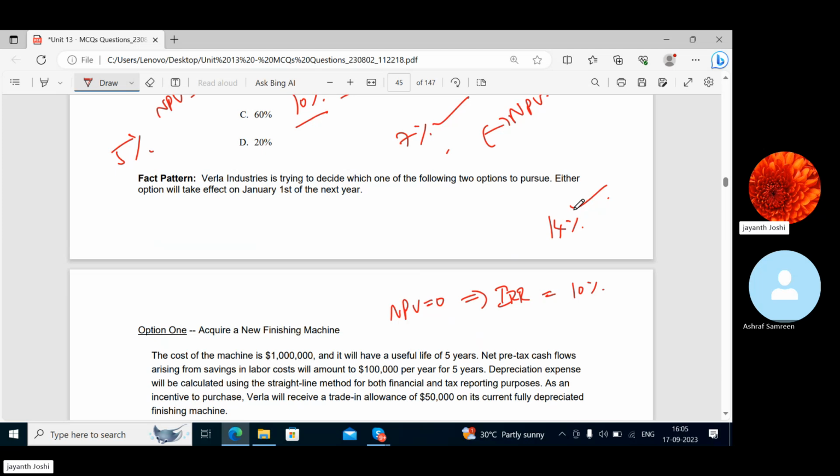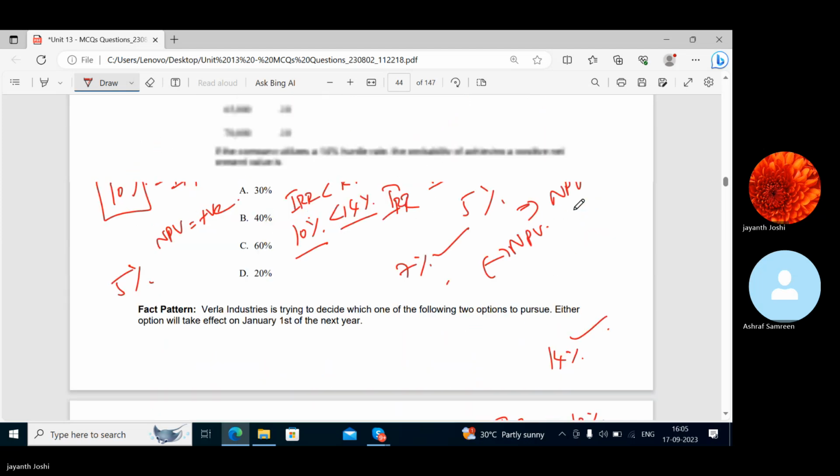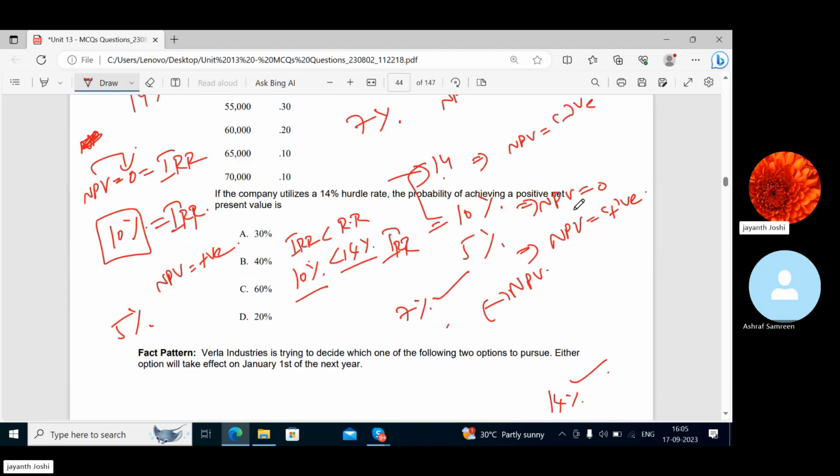Should the company purchase the equipment if IRR is less than the required rate of return? IRR is less than the required rate of return, so IRR must be lower.